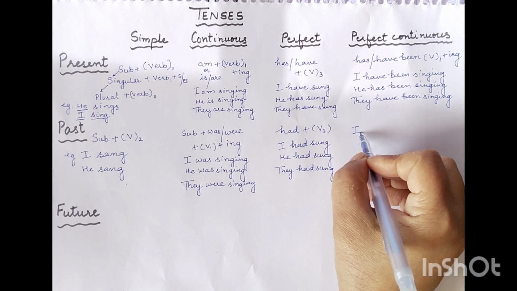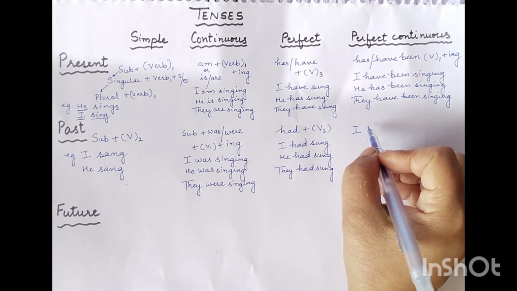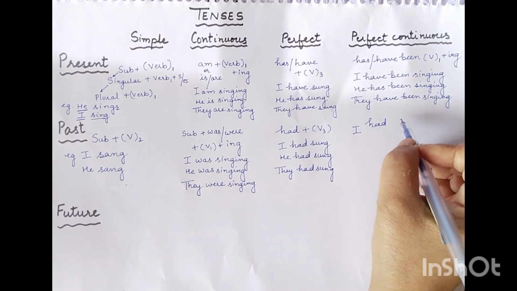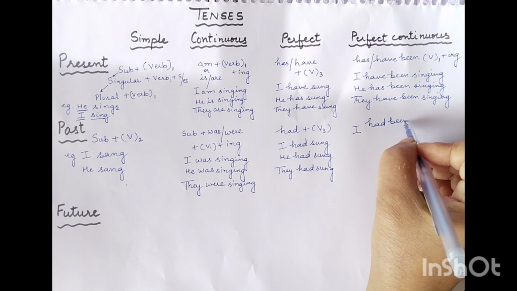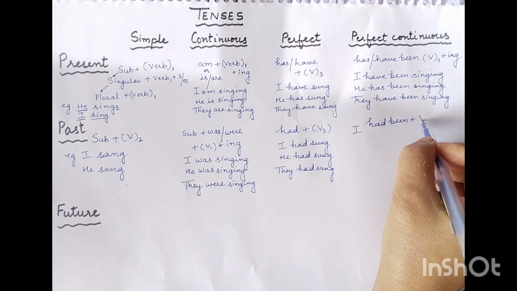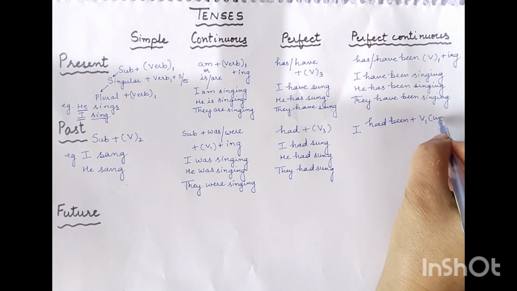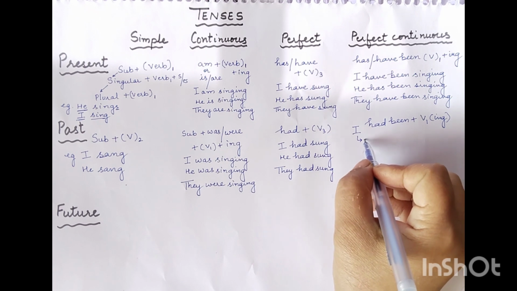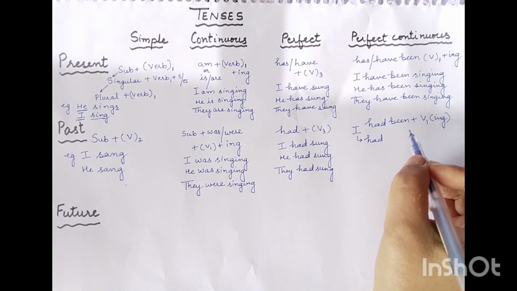Now past perfect continuous. Here had been plus first form of the verb plus ing.